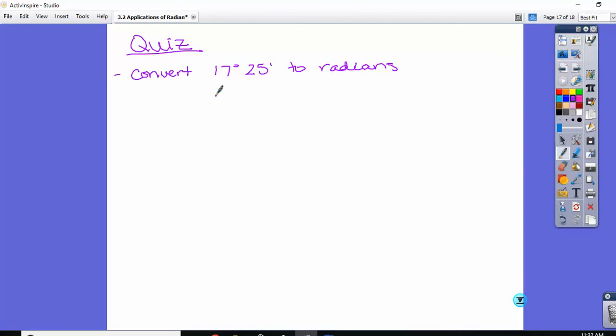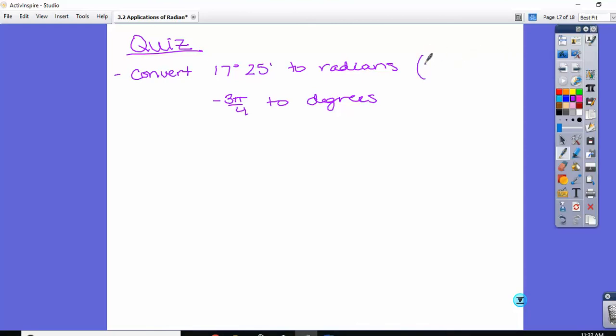Or maybe negative 3 pi over 4 to degrees. Do we know how to do those? So it's either multiplying by 180 over pi or pi over 180. Do you guys want me to work through those examples? Do the first one just because I wrote it down.